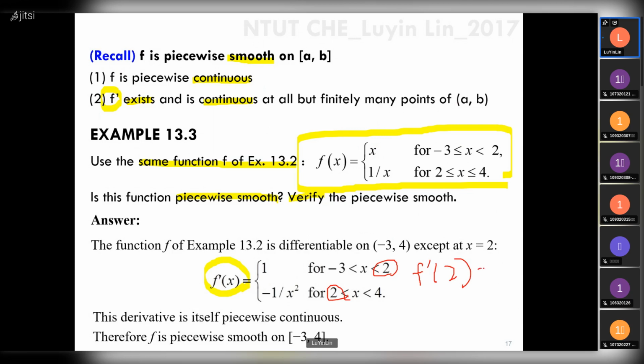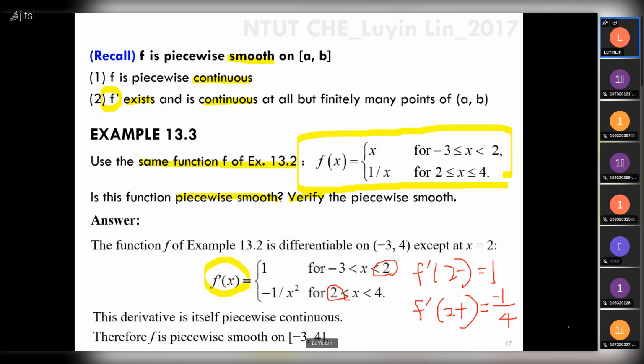F prime of 2 is equal to 1, right? Here, 1. And, sorry, it is from the left-hand side. F prime 2 minus is equal to 1. How about f prime 2 plus? From the right-hand side, it is equal to minus 1 over 4.